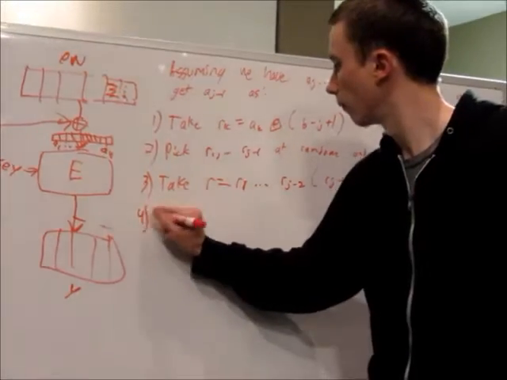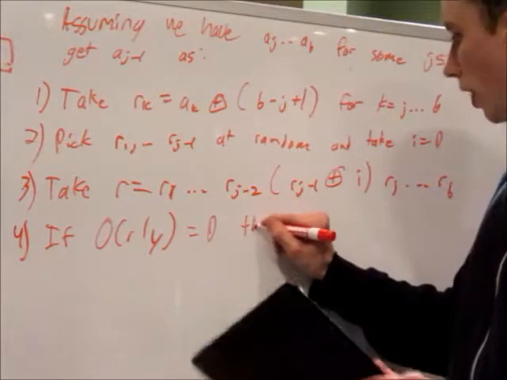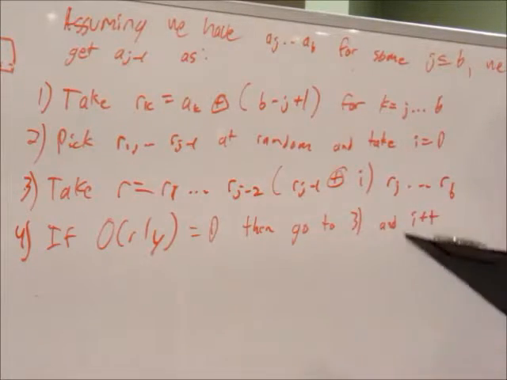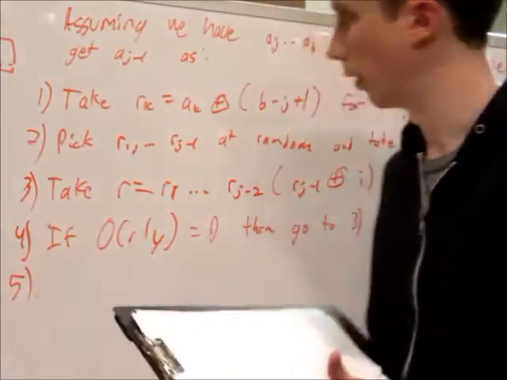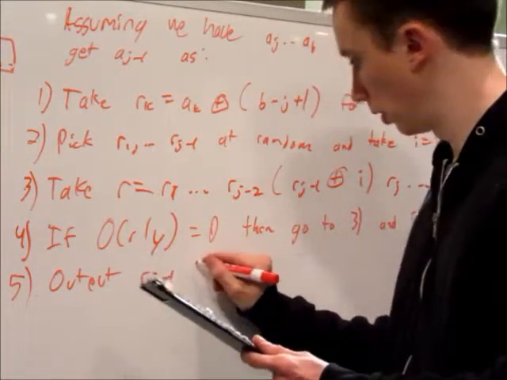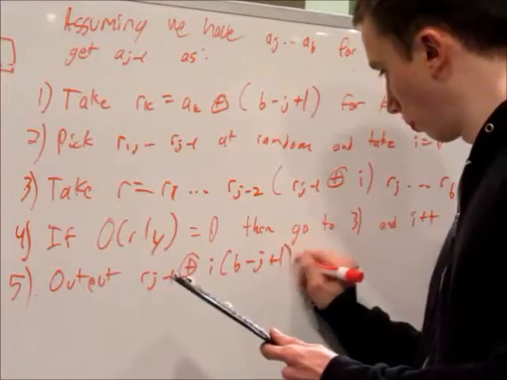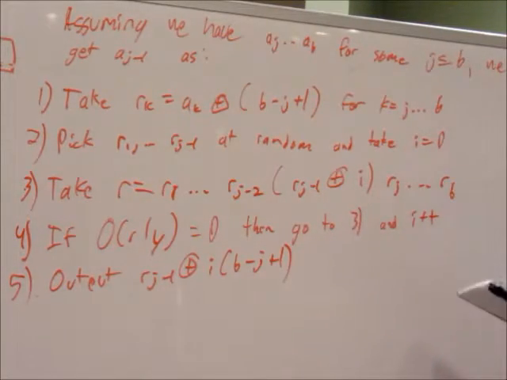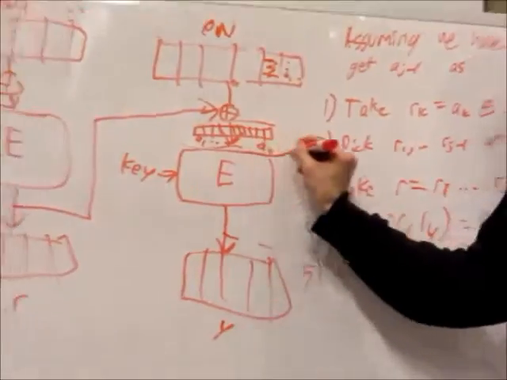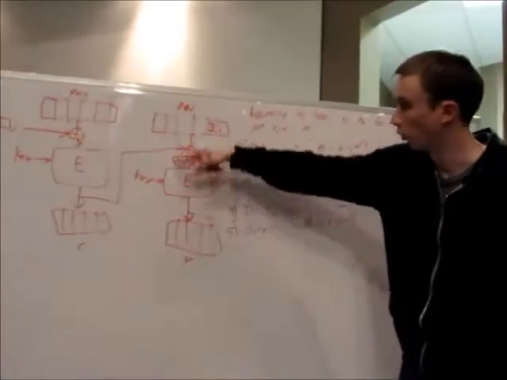And then if the oracle produces 0, then go to step 3 and increment I. And then what you get is output R_{J-1} XOR I. And so now using this we can decrypt this whole A, and using the same trick that we had with figuring out the very first plaintext, we can now figure out what the whole block of plaintext is.